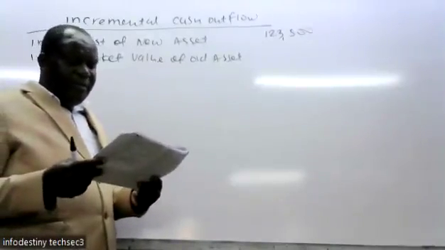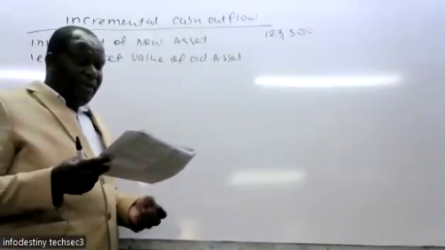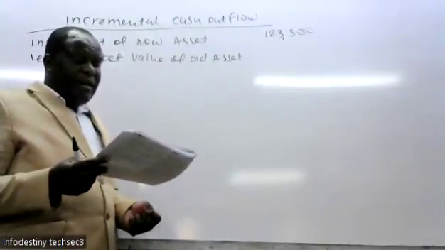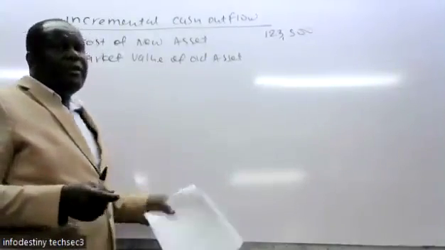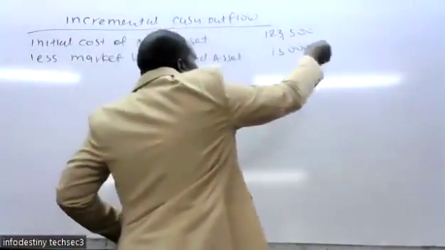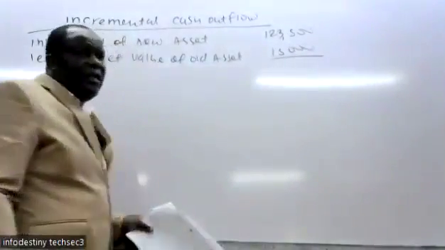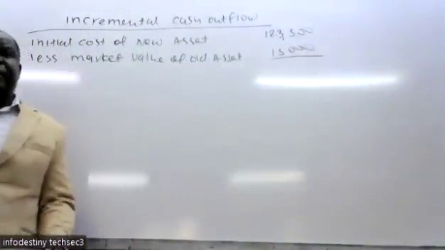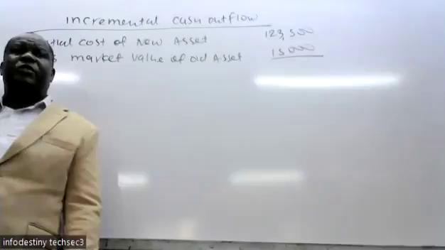Remember, it had been provided at the end of the first paragraph. Current market value of the existing machine, they gave us how much? 15. So we simply subtract, and that will be our step number one.